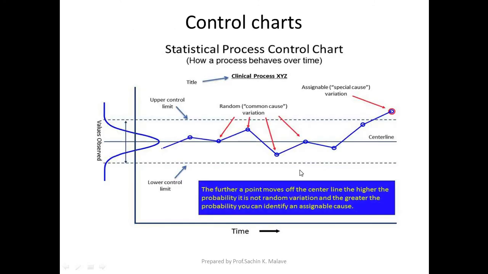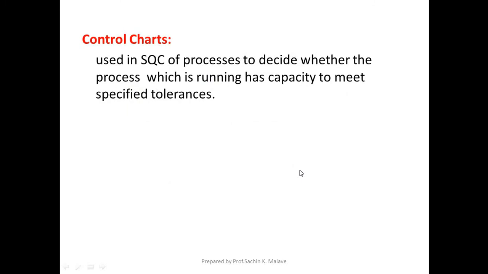Then control charts. Control chart is a very famous quality control tool which is very widely used in industries. The control chart is specially used in SQC, that is statistical quality control.